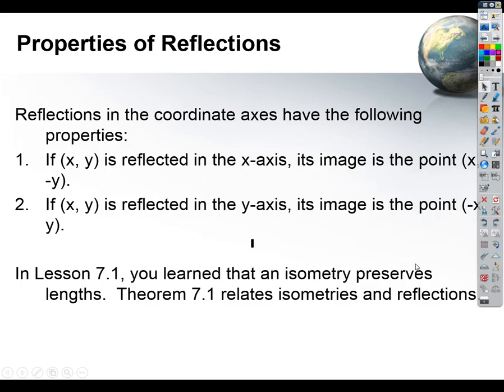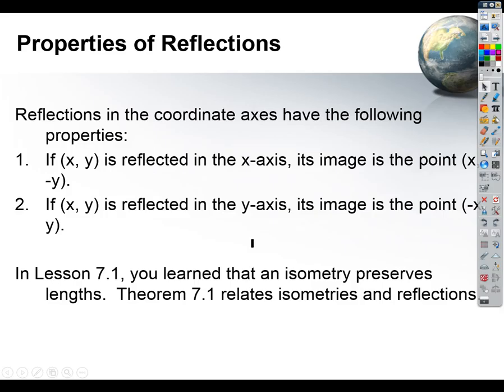Okay, so let's see if we can come up with some generalities here. Whenever we reflect a point over the x-axis, which is a horizontal axis, the movement of the point is going to be vertical or horizontal?